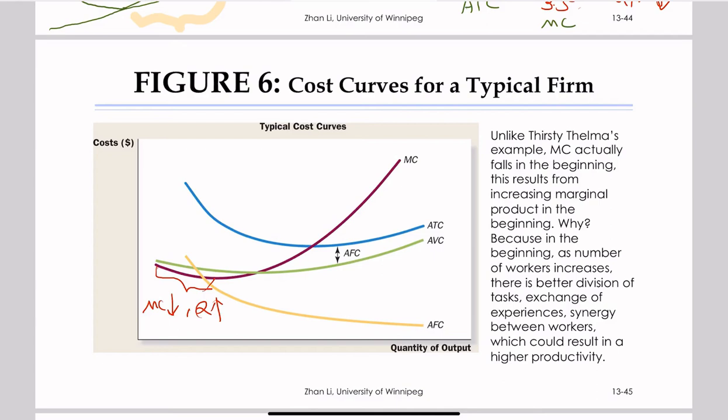So that's why you could see a decrease in marginal cost when you increase the quantity in the beginning. However, you can see that ultimately, or in the end, right, marginal cost will increase as you increase the quantity. Right? So you can see that this decreasing marginal cost curve case will only happen in the beginning, or when your quantity is relatively very small.